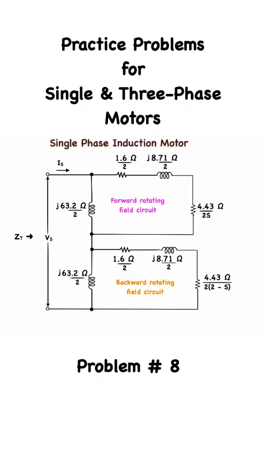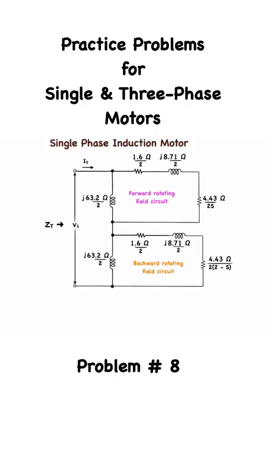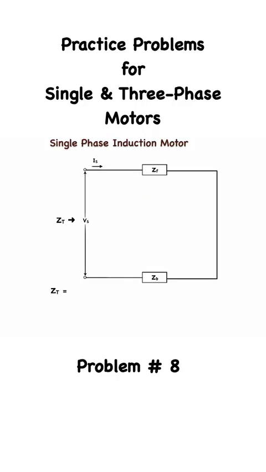Finally, we are tasked with calculating the total motor impedance, which is the sum of the forward impedance ZF in series with the backward impedance ZB, which in real terms is 12.05 plus J 24.67 plus 1.49 plus J 3.89, which adds up to 13.54 plus J 28.56 ohms in rectangular coordinates, or 31.61 at an angle of 64.63 degrees in polar coordinates.